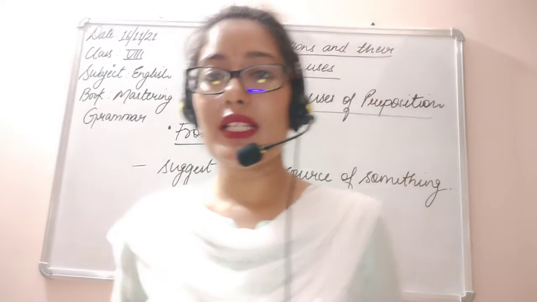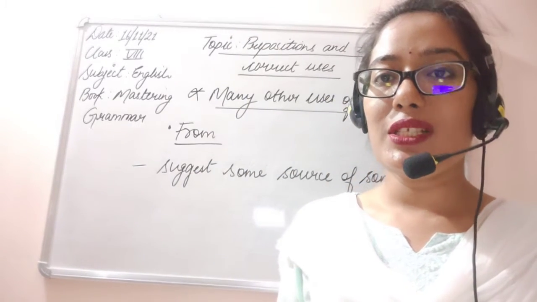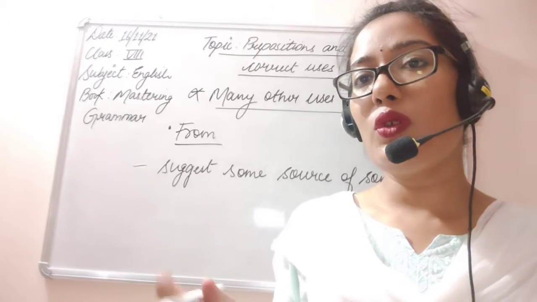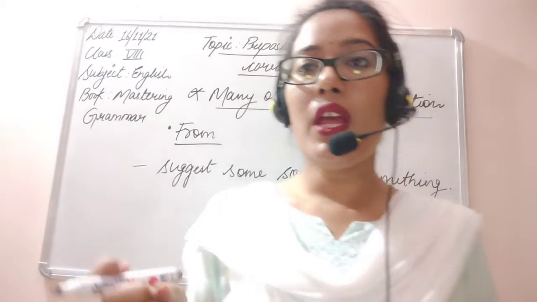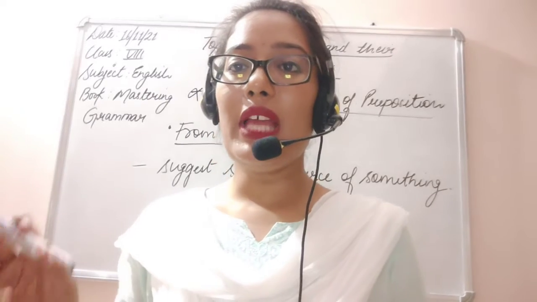So you are suggesting something, how this thing is made, the source of how the paper is made. So the source is trees. With the help of trees, paper is made.